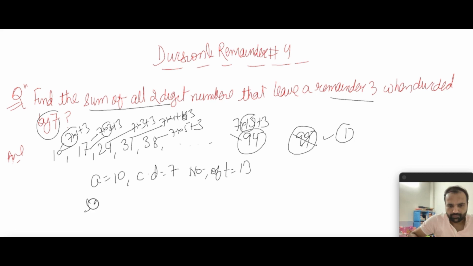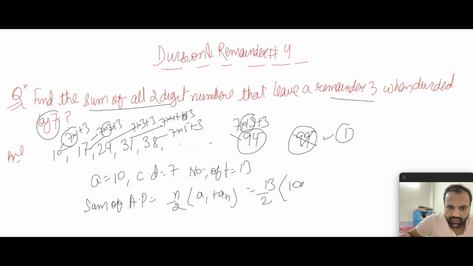Now what do we have to do? We need to find the sum of the AP. This is an arithmetic progression, so the sum should be n by 2 into a1 plus an. What's the n we have? n is 13, then by 2, and a1 is 10, and an is 94.